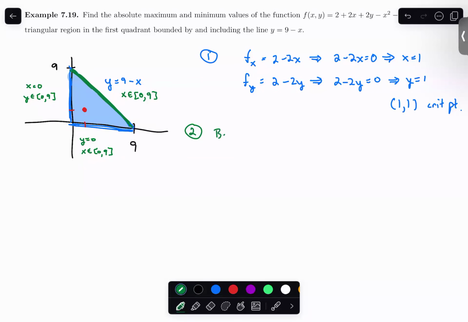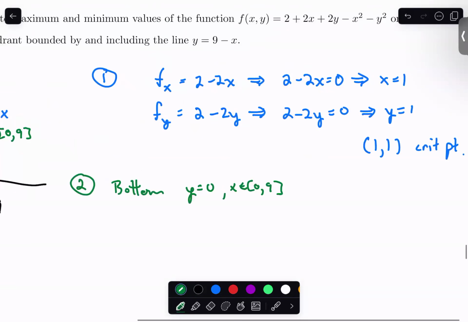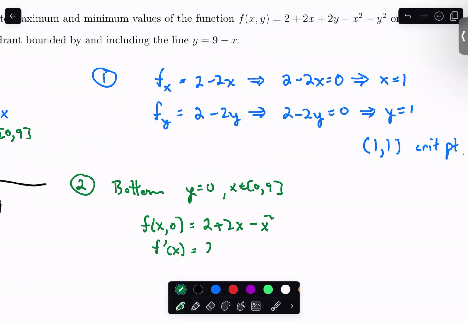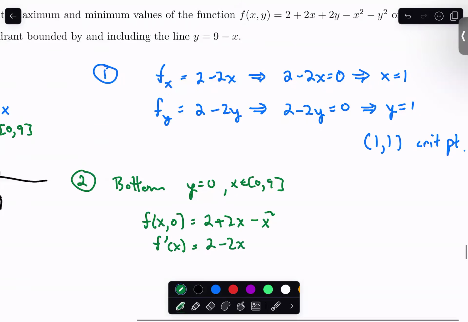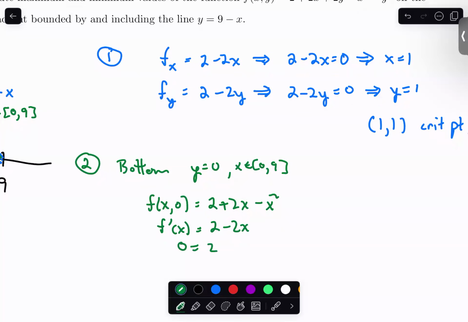All right, so let's do the bottom piece, plugging in 0 for things when possible. Let's get all the easy ones done. So when y is equal to 0, our function looks like 2 plus 2x minus x squared. I can take the derivative of that and figure out where we have critical values along this part of our boundary.